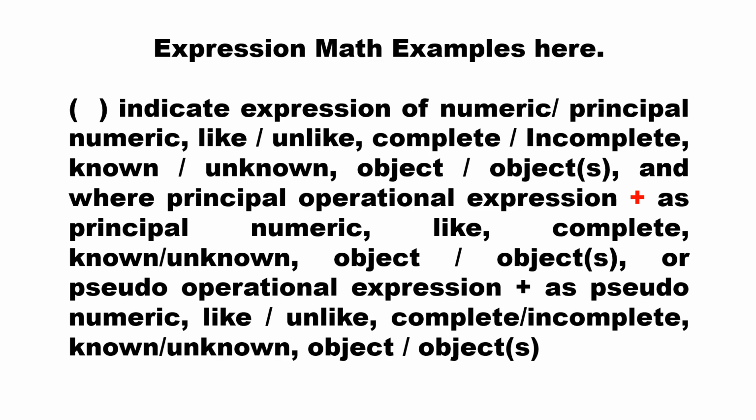Parentheses indicate expression of numeric or principal numeric, like or unlike, complete or incomplete, known or unknown, object and/or objects, and where principal operation expression plus, red plus, as principal numeric, like, complete, known or unknown, object and/or objects. Or it could indicate a pseudo operational expression with a black plus as pseudo-numeric, like or unlike, complete or incomplete, known or unknown, object and/or objects.